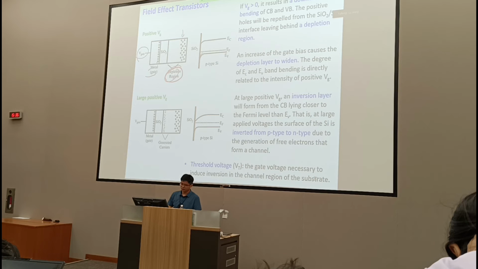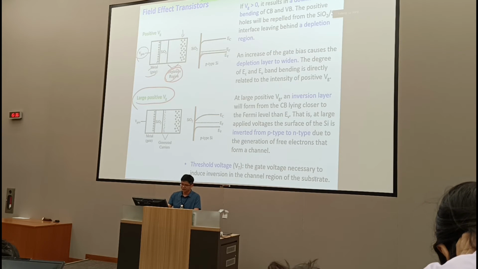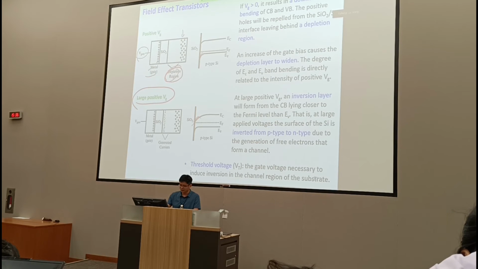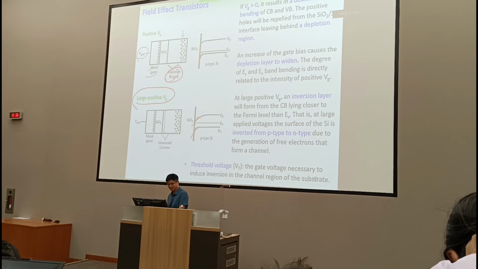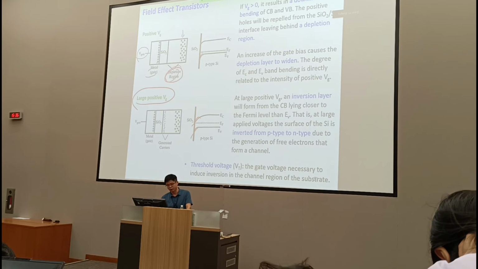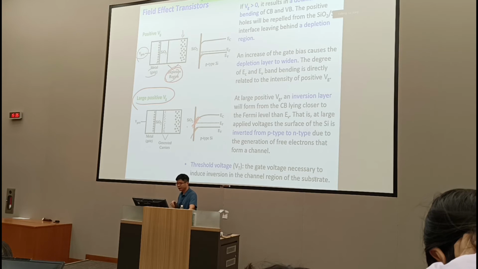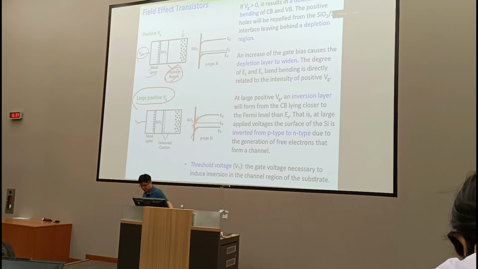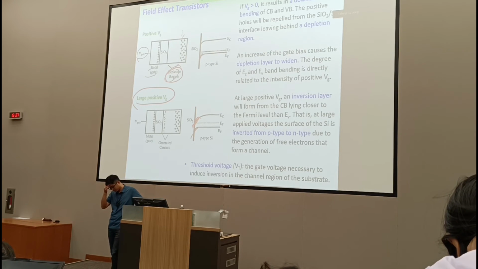This bending is not sufficiently strong. But if you increase the positive gate, the conduction band and valence band bend until they reach the so-called inversion. The conduction band tail already crosses the Fermi level. What does that mean?